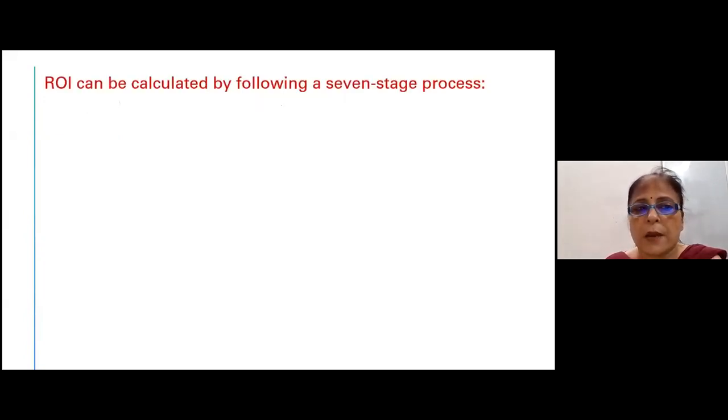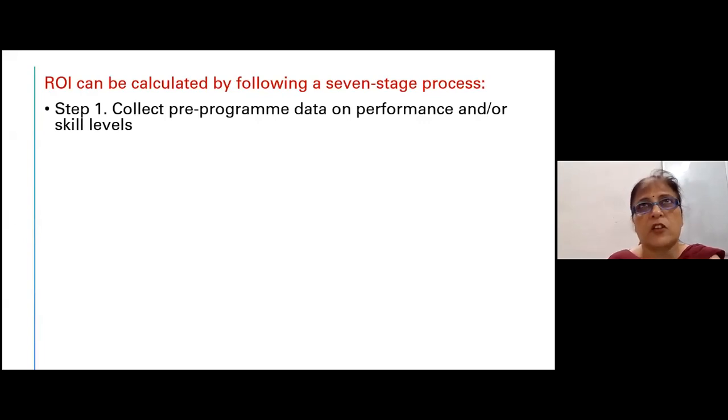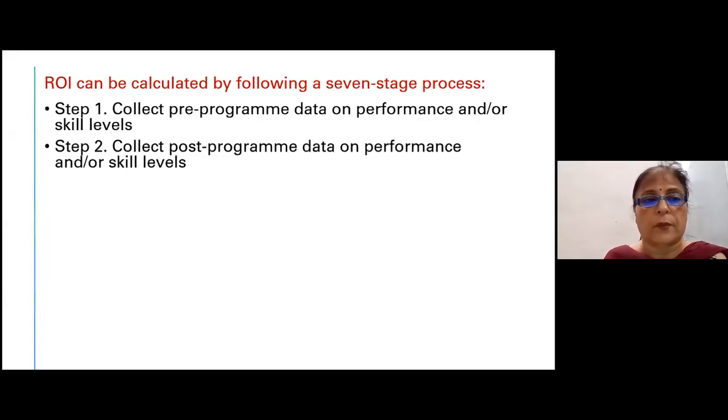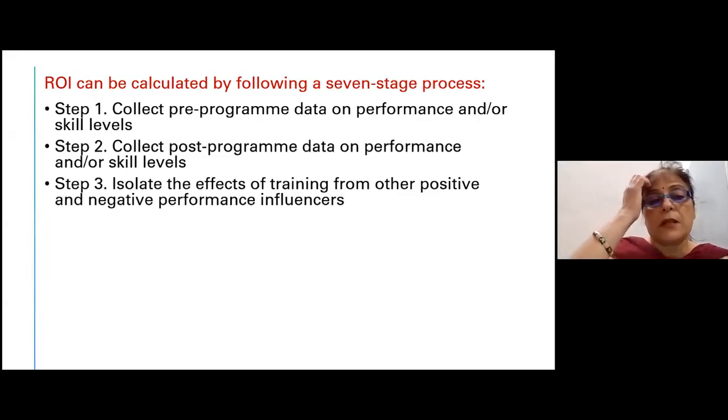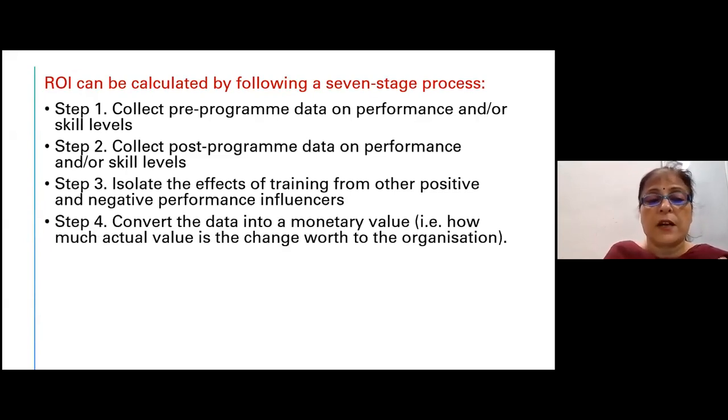Now, ROI can be calculated by following a 7-stage process. Step 1 is to collect pre-program data on performance, and step 2 is to collect post-program data on performance. Then step 3 is to isolate the effects of training from other positive and negative performance influencers, and step 4 is to convert the data into a monetary value. How much actual value is the change worth to the organization?